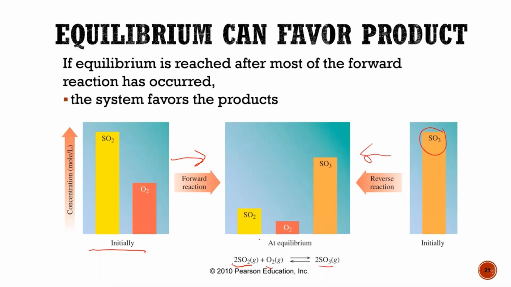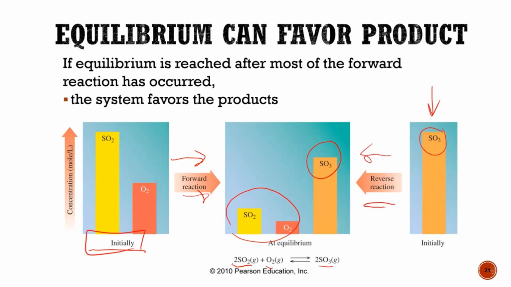So at equilibrium, eventually this forward and reverse rate stabilizes. If at first we only had sulfur trioxide, we would just see a bunch of reverse reaction until we eventually produced enough reactants to get the forward. And vice versa. If we initially started with just the reactants, we would have only the forward reaction until we built up the product and then get some of the reverse.